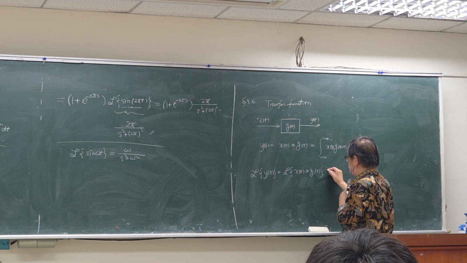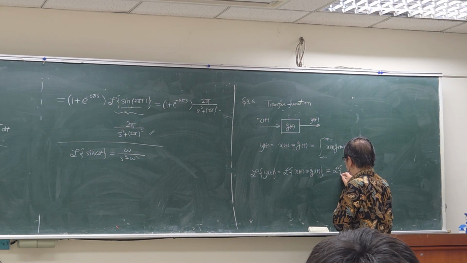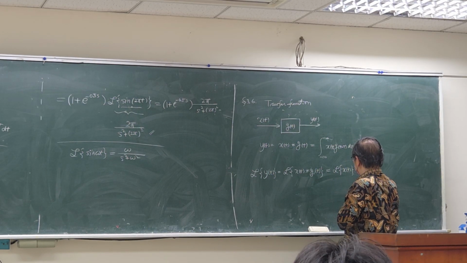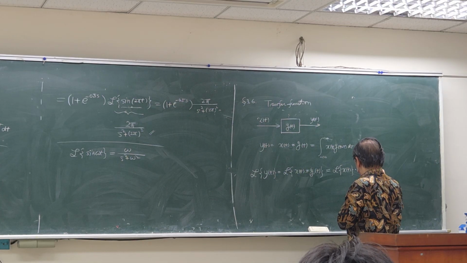Okay, and then we can prove that this is equal to the Laplace transform of the input signal x(t) times the Laplace transform of the impulse response of the system.